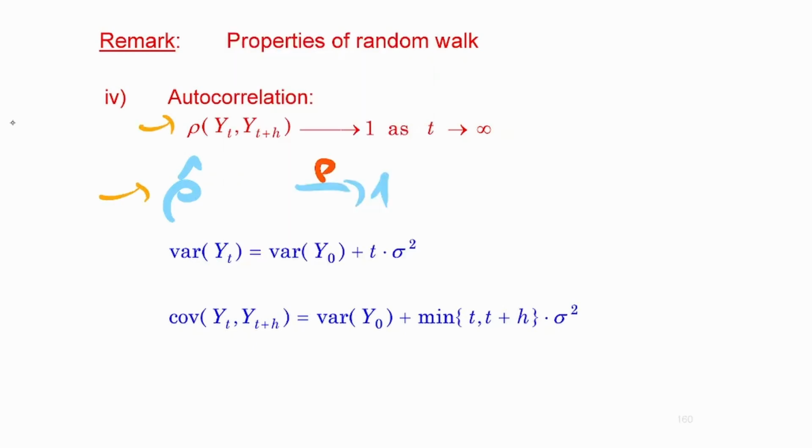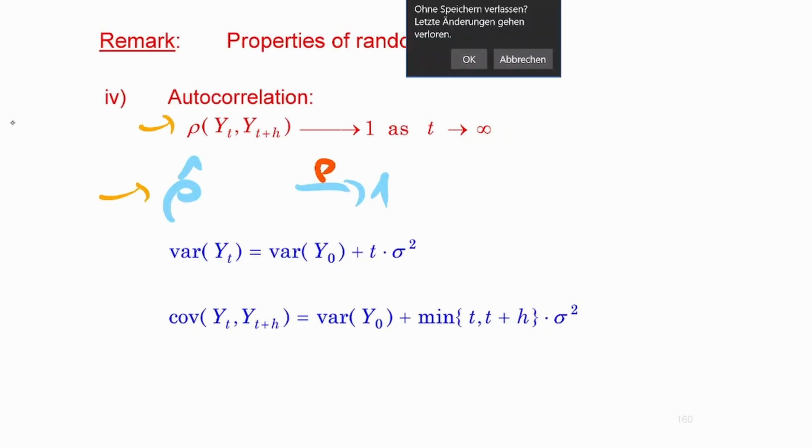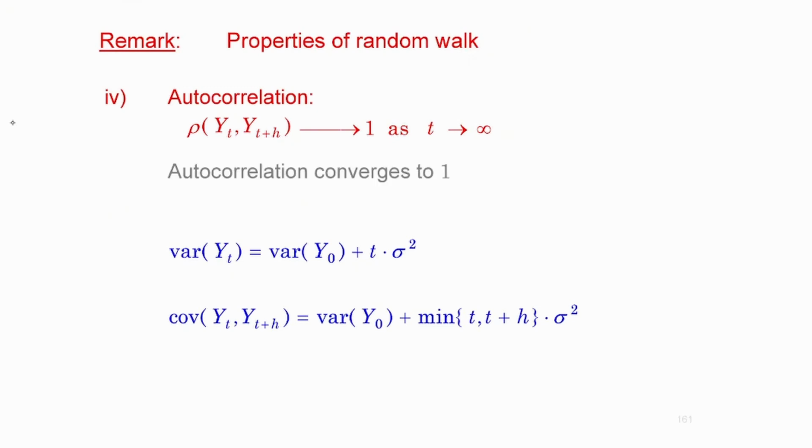It will converge in probability to 1. We talked about the asymptotics, by the way. Remember those, right? But we're not going to talk about them now. So autocorrelation converges to 1 with time, which is illustrated from these. Just take that and divide it by that, and that's almost identical, okay, right?